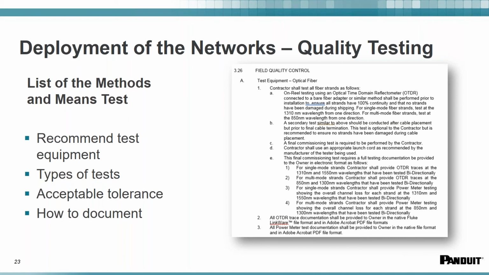All of this is needed because a lot of the end users are looking at this as an IT implementation. In the IT world, when you're running all of this communications, they have to comply to certain test guidelines. And similarly, when it comes to manufacturing, all of these specifications translate.